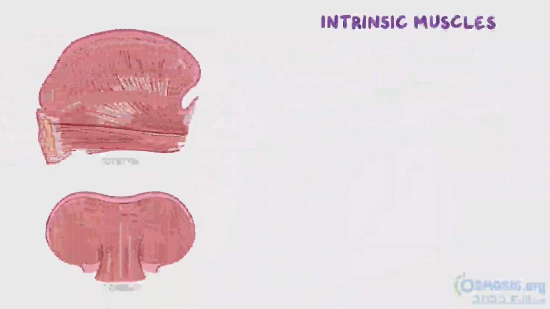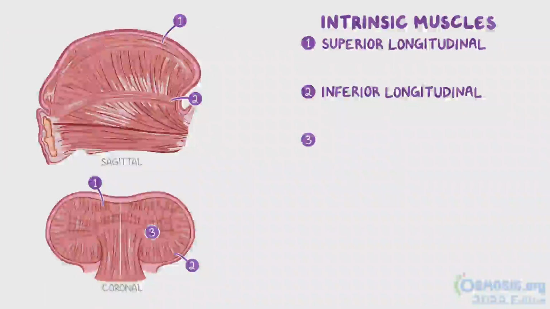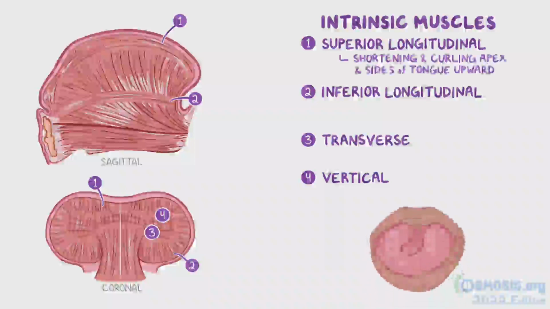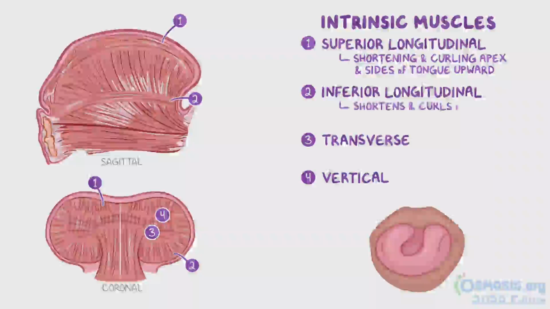Now let's talk about the intrinsic muscles of the tongue, which include the superior and inferior longitudinal, transverse, and vertical muscles. They have their attachments entirely within the tongue and are not attached to any bone. First, the superior longitudinal muscle is involved in shortening and curling the apex and sides of the tongue upward, while the inferior longitudinal muscle shortens and curls the apex and sides back downward.